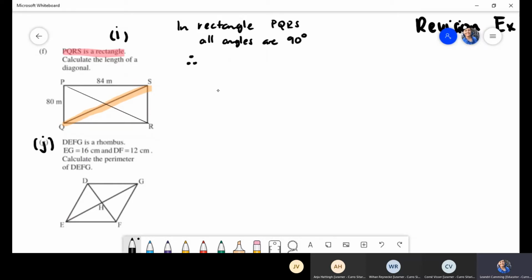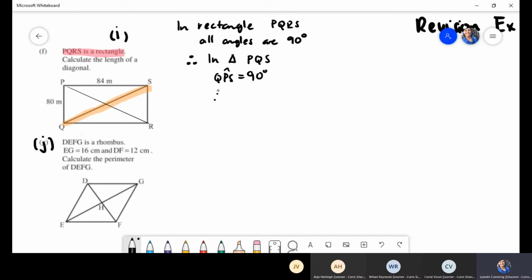Therefore, I have to first find the 90 degrees. Remember now, we can't start with anything unless we have that 90 degrees. Therefore, I'm going to make the statement that in triangle PQS, angle QPS is equal to 90 degrees.